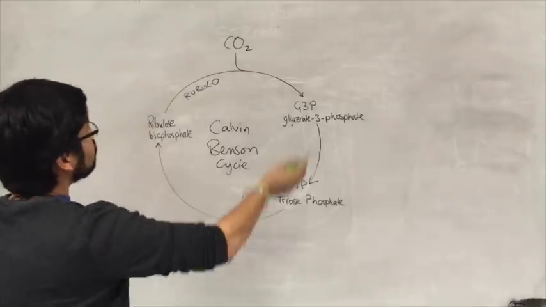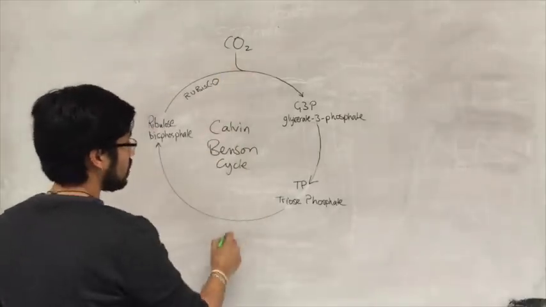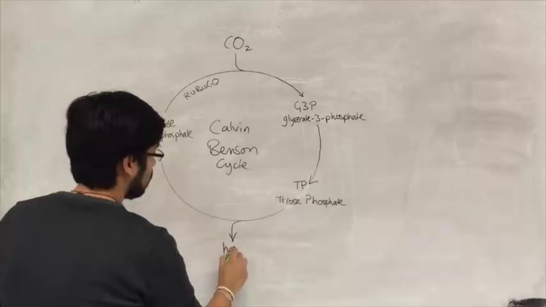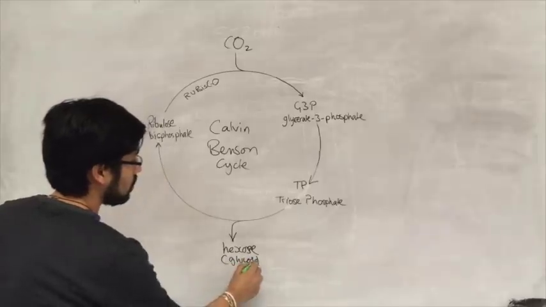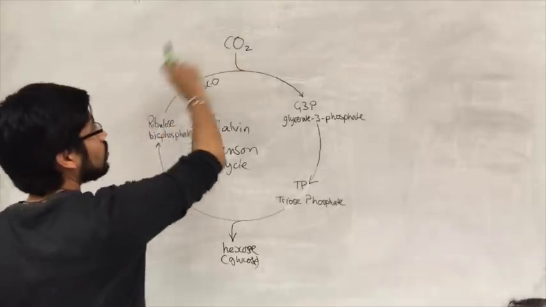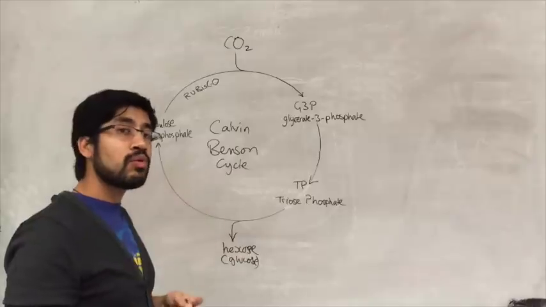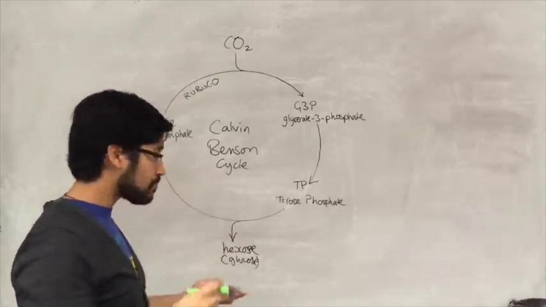So let's look at how we convert carbon dioxide into glucose. Glucose being a hexose sugar. So maybe, for example, we can use glucose right there. Essentially, how do we convert something inorganic like carbon dioxide and make an organic molecule out of it as a store of energy, as the basis of so many things?